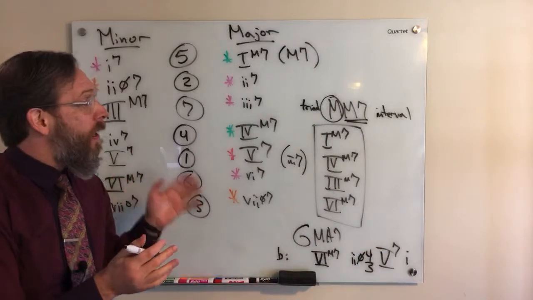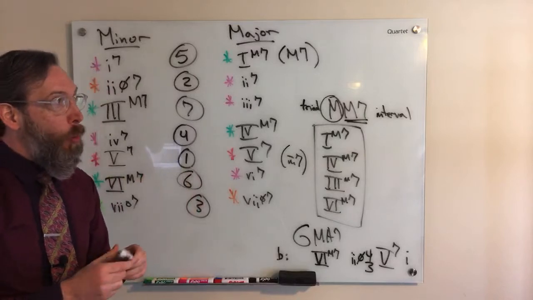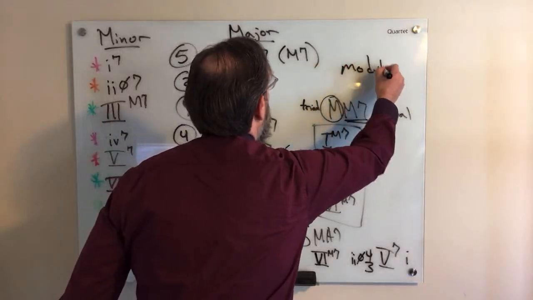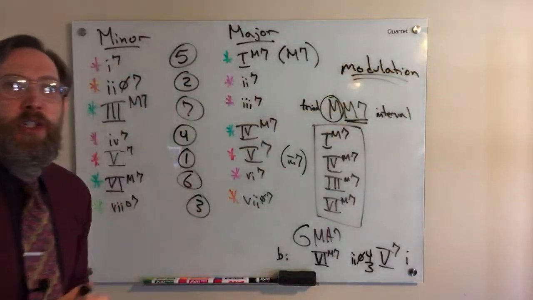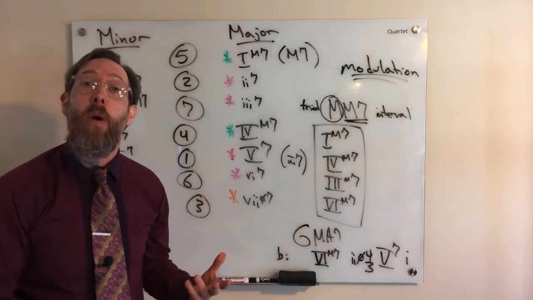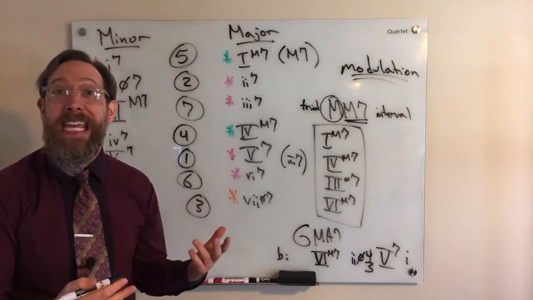That's kind of worth knowing, because how is this going to be valuable? Modulation. If you review my lesson on modulation, the most common way to modulate is to use something called a pivot chord. A pivot chord is a chord that exists in more than one key.